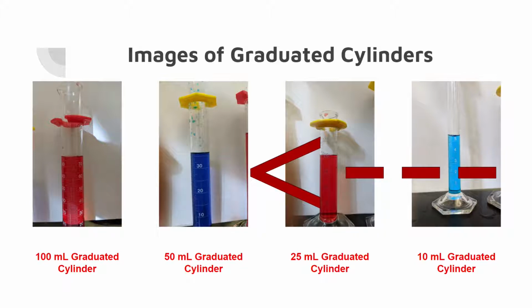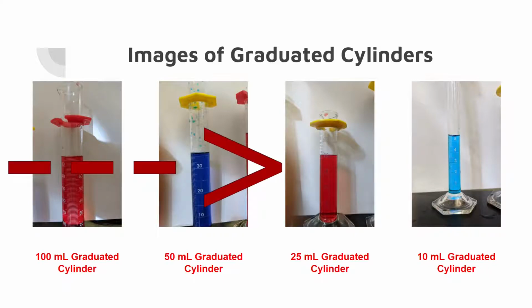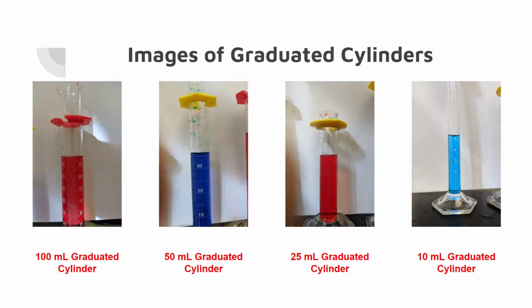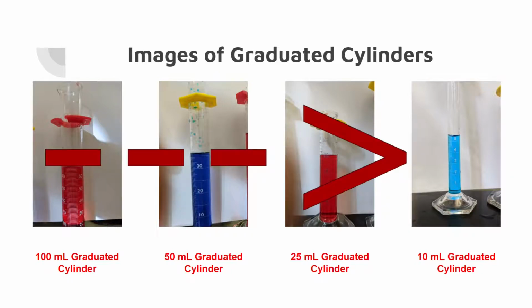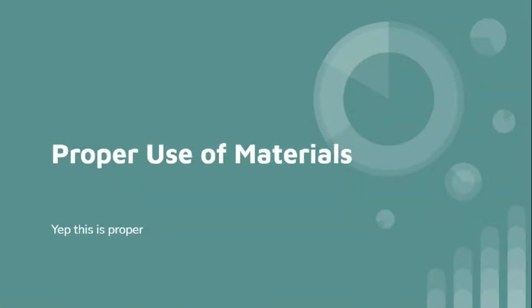For example, 31.5, 32.0, then 32.5, and so forth. The same is true for the 25 milliliter graduated cylinder on the right of this one as well. However, as stated before on the previous slide, the 10 milliliter graduated cylinder counts in tenths of a milliliter: 3.4, 3.5, 3.6, and continuing.